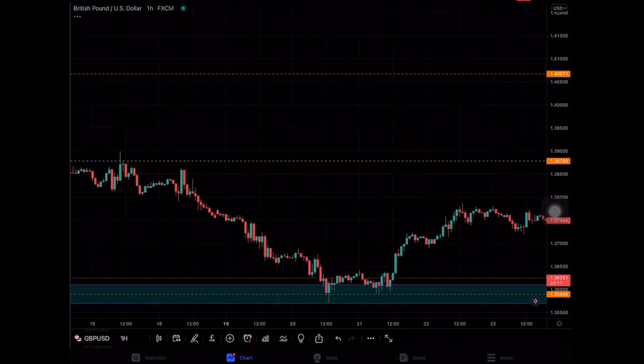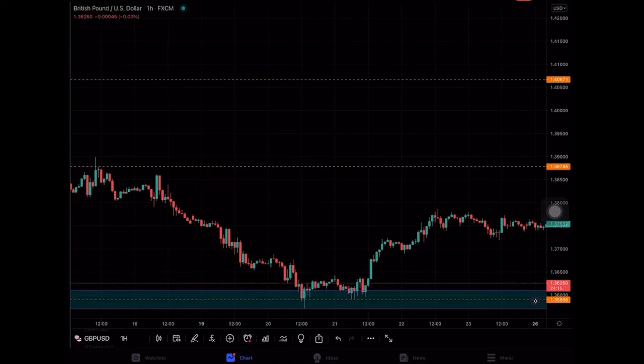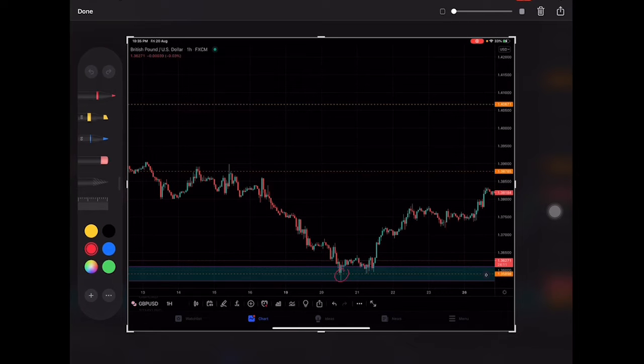As you can see, when we buy for the first time, the price goes up but only briefly. The second time, when the price rejects at this level, it becomes a double bottom.